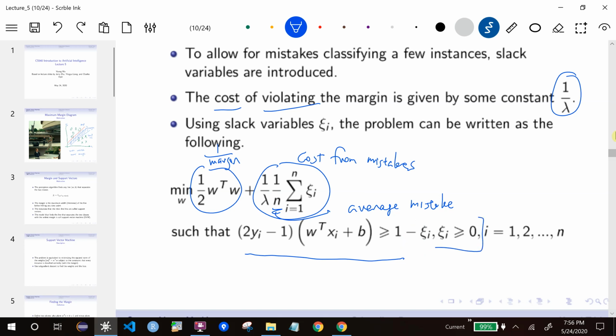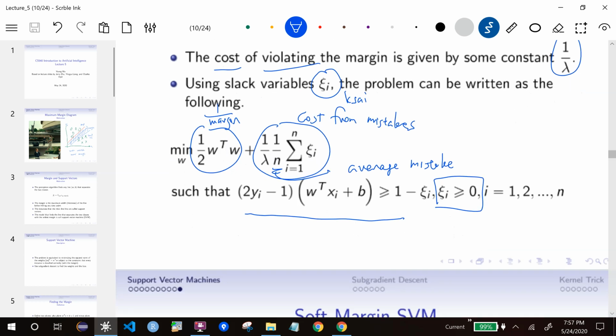And we require these to be larger than or equal to 0. This is the way that I should be writing psi. I am pronouncing it as psi, and I know some other people pronounce it as xi or whatever, but I'm just going to say it this way.